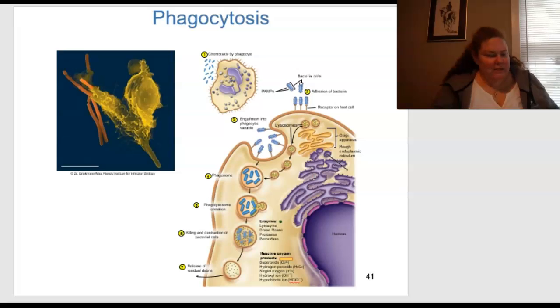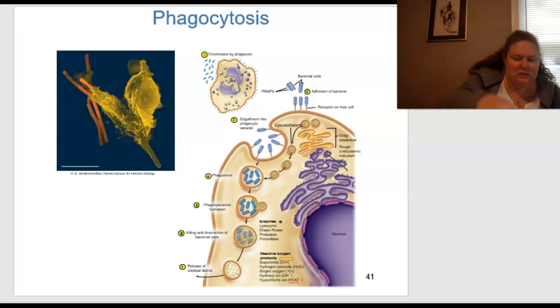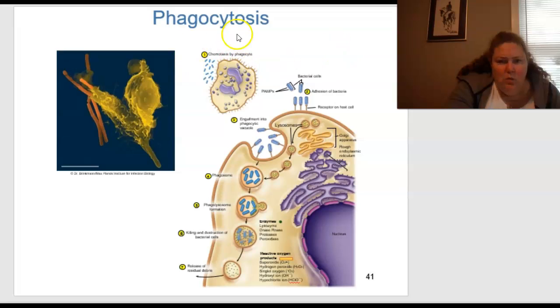So looking at phagocytosis, this is figure 14.17, and this is the sequential events in phagocytosis. So up here in 1, what's going to happen is the phagocyte is attracted to the bacteria. And then in 2, we have a close-up view of the process showing the bacteria adhering or sticking to the phagocyte receptors by their PAMPs.